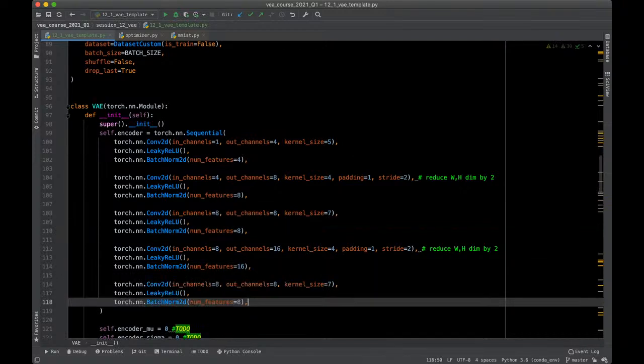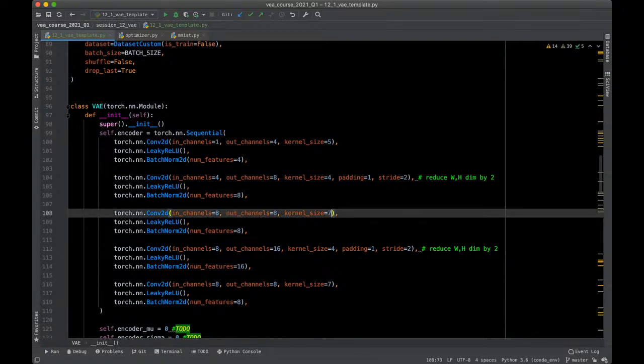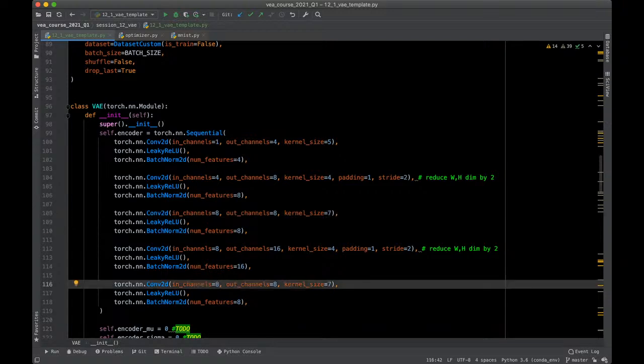Actually, I don't like this kernel size. Oh, I guess I chose the 7 just because I don't want to end up with uneven numbers. Okay, let's leave it as it is. So 16 by 16, and here we could use 4, I think. So 16, 4, and the padding 1.